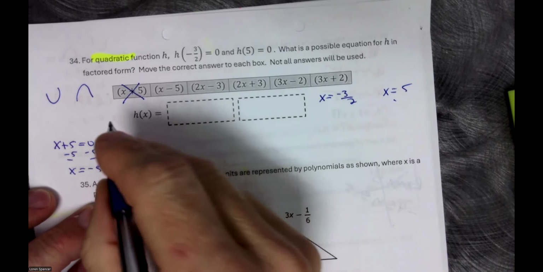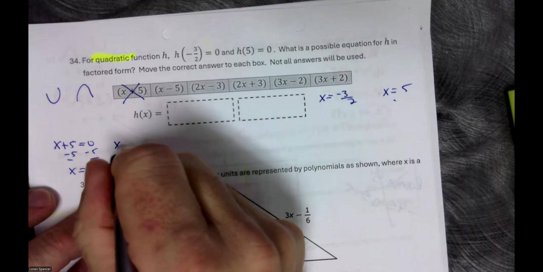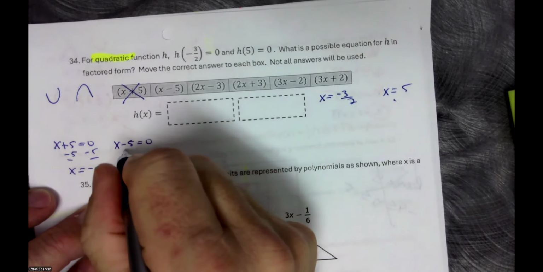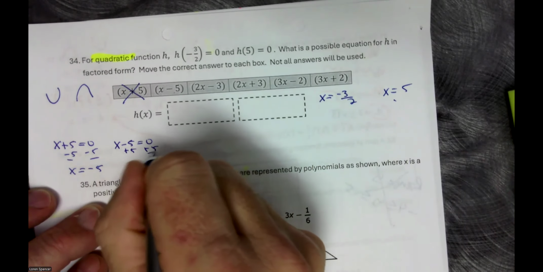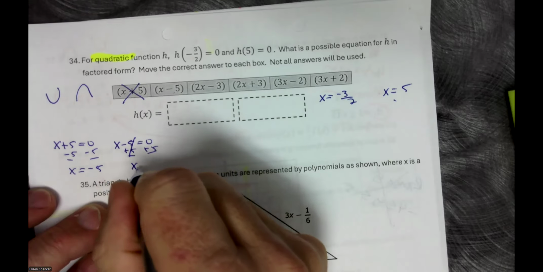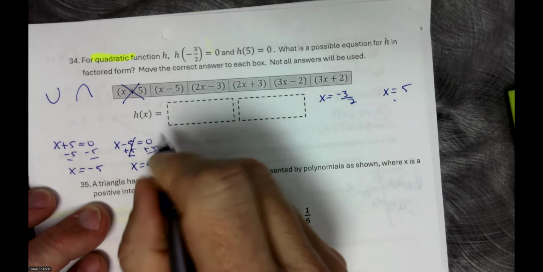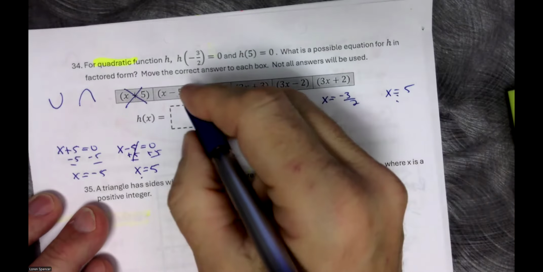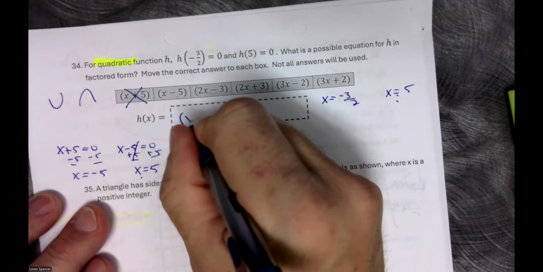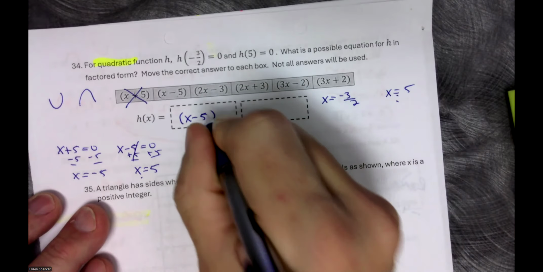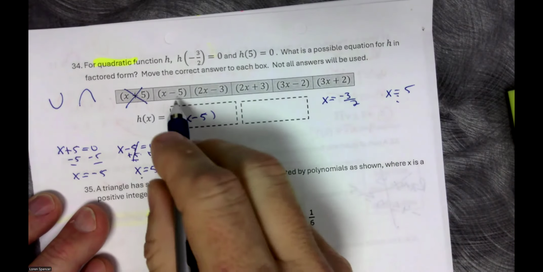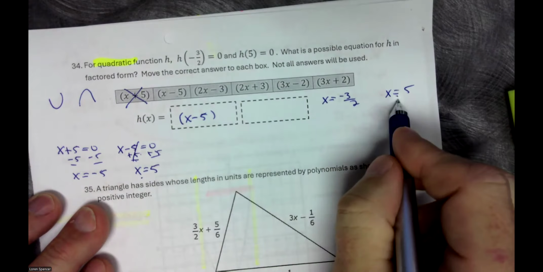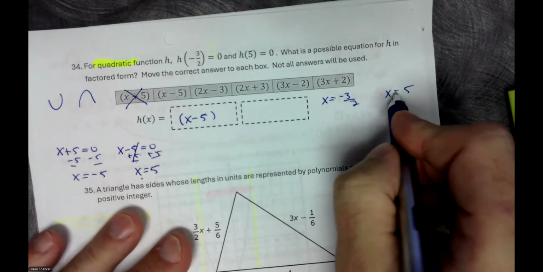Well, I needed +5, so that one's wrong. Then I try, what's x minus 5 equals 0? Because I'm just setting that equal to 0. I add 5 to both sides, and I get x equals 5. Hey, guess what? That's one of the answers. So we know it's going to be x minus 5 because when we set it up and solved, we got x equals 5. So we're done with that part.